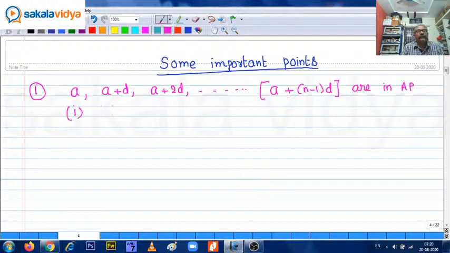the nth term Tn equals a plus (n minus 1) into d.